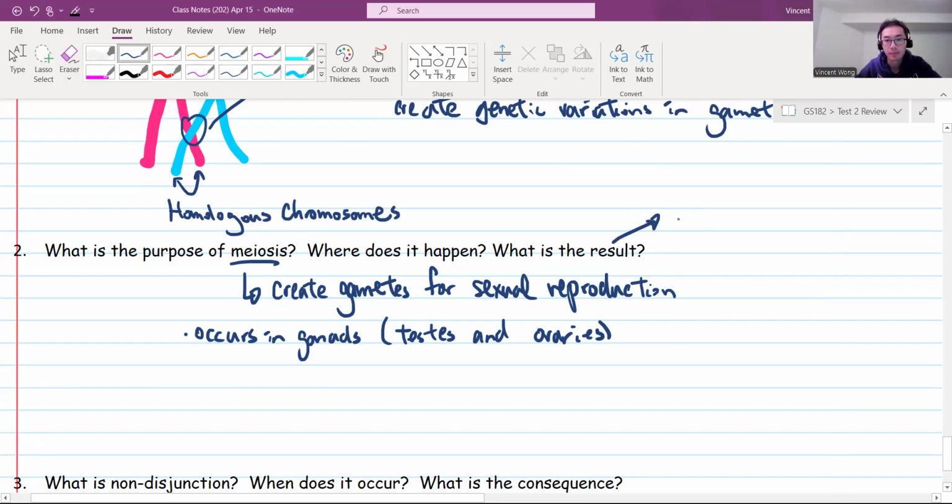Result? Sperm and eggs, which are haploid cells.